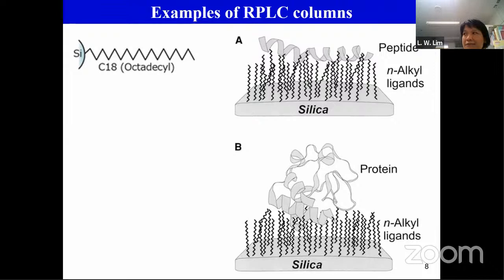Sometimes the heavy metal ions do not come as ions. They come as a compound, like a complex. So when we have a heavy metal inside a compound, then usually we use the normal phase to do the separations.